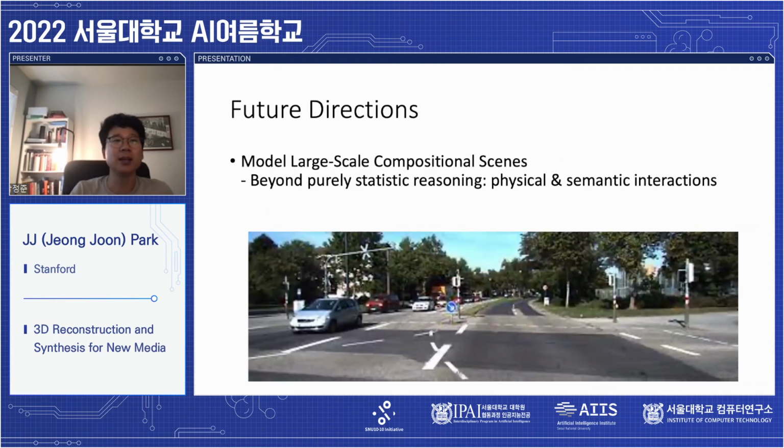There are many exciting future directions that I want to pursue, and I believe other persons should be excited about too. One area is to model large-scale compositional scenes. And I want to go beyond purely statistical reasoning to train statistical models, but also reason about physical and semantic interactions between entities in the scene, which has not been explored properly in the literature.